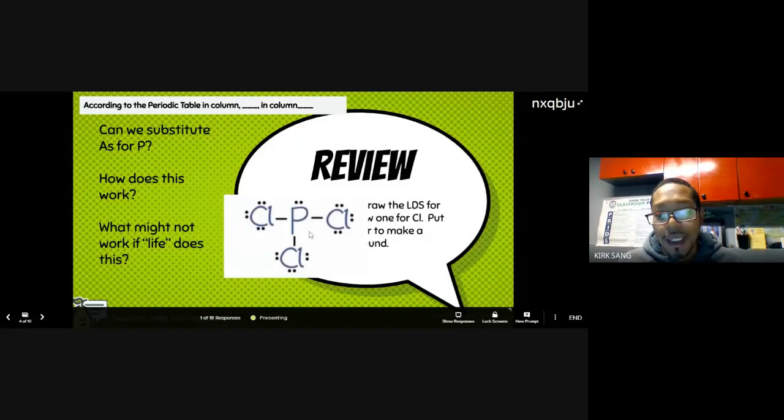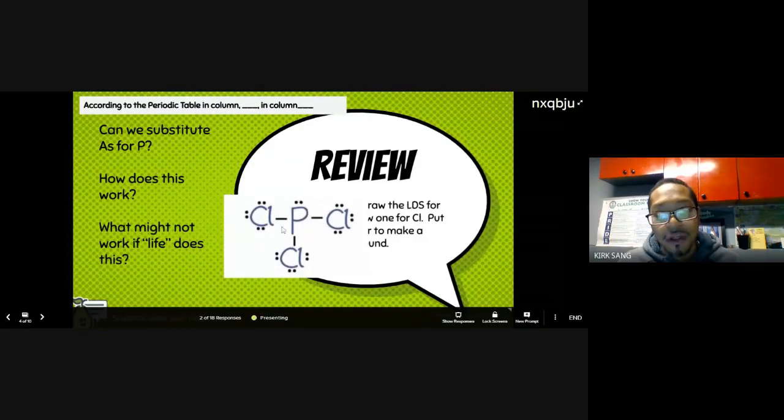Take a look at phosphorus. You're referencing the octet rule, that we need 8 electrons around every element to make sure they're stable. We have 2, and remember your bonding stick is 2 electrons. So 2, 4, 6, 8.